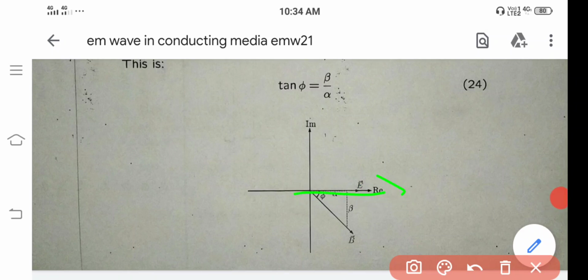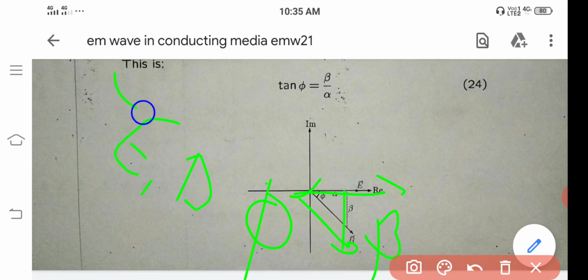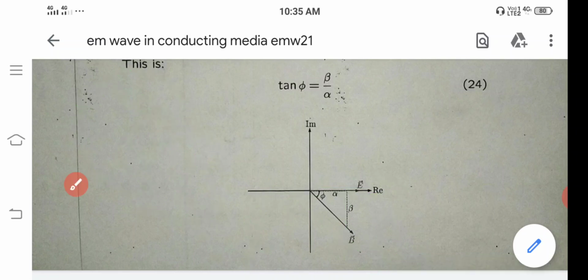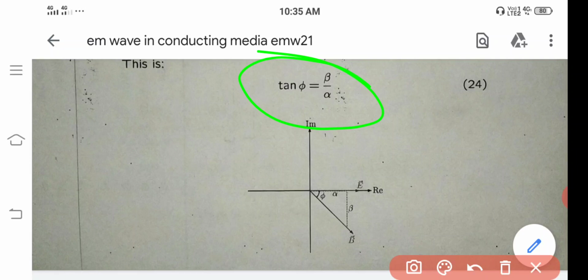Here are the electric field and the magnetic field, with phase angle psi and amplitude beta, the difference of E and B. The angle can be calculated as tan phi equals beta upon alpha, with beta here and alpha here. So the phase angle between E and B is calculated here.